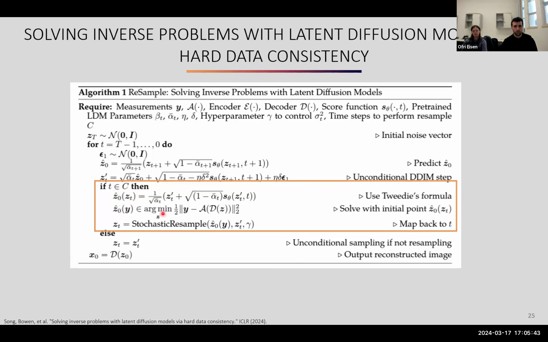And then they do some optimization problem to get hard data consistency. And afterwards, they can calculate the probability and just resample and get the next step sample, and they continue with the unconditional DDIM step.